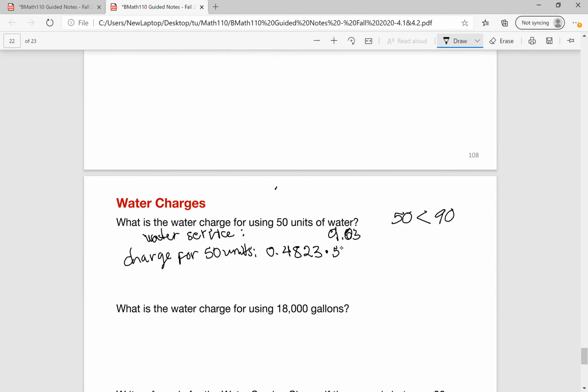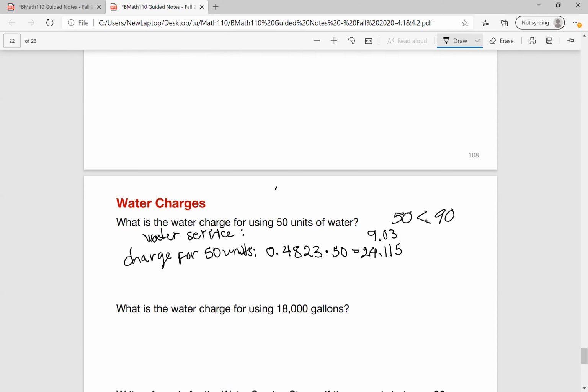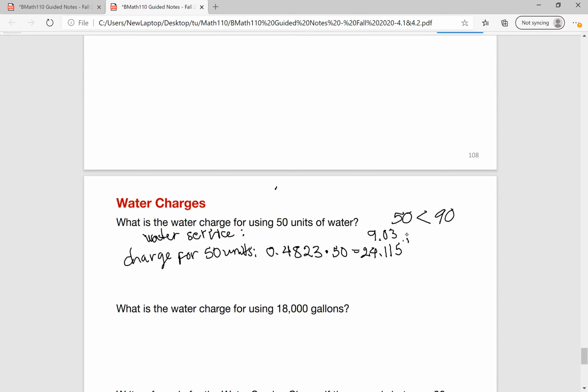Let me use a calculator. We have 0.4823 multiplied by 50, which is 24.115. And then you're gonna add together to get the total.